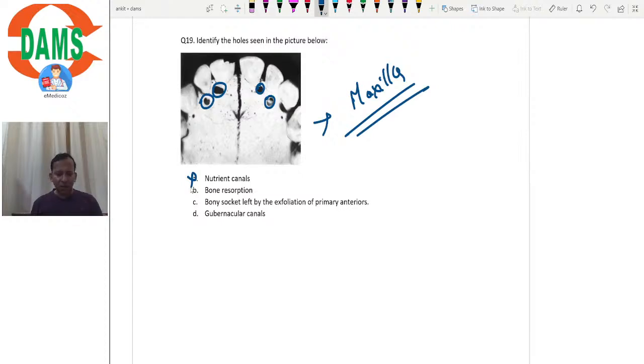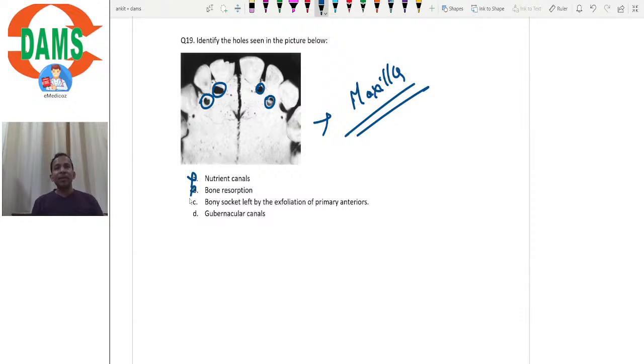Bone resorption doesn't look like bone resorption, isn't it? It doesn't look like bone resorption. Then maybe it is the bony socket left by the exfoliation of primary anteriors. Could option C be correct? Then we have to remember that the permanent teeth are always on the lingual side of the deciduous anteriors, isn't it?